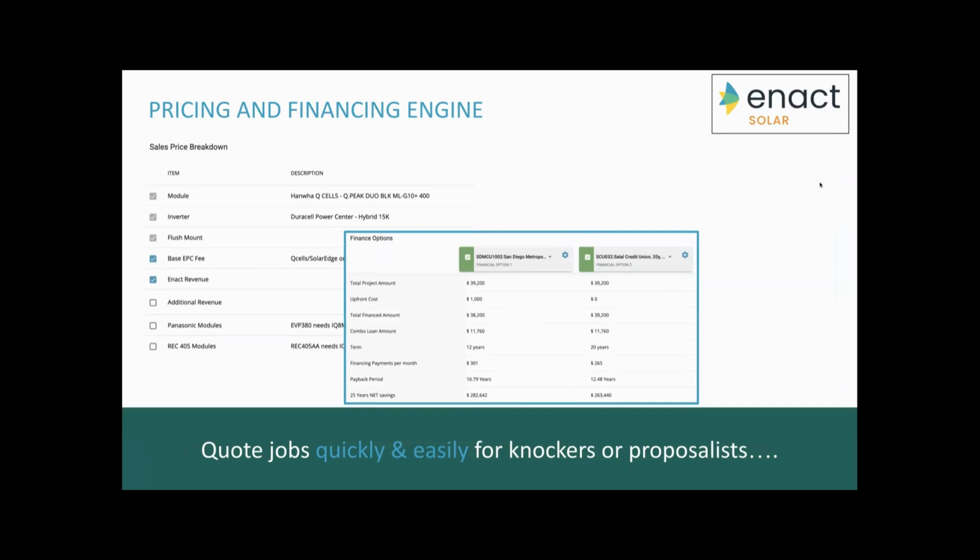That would be done through our pricing and financing to get the final numbers on everything. Cash, loan, leases. I know PPAs are becoming more popular as well. And obviously always the ability to get a loan as well.